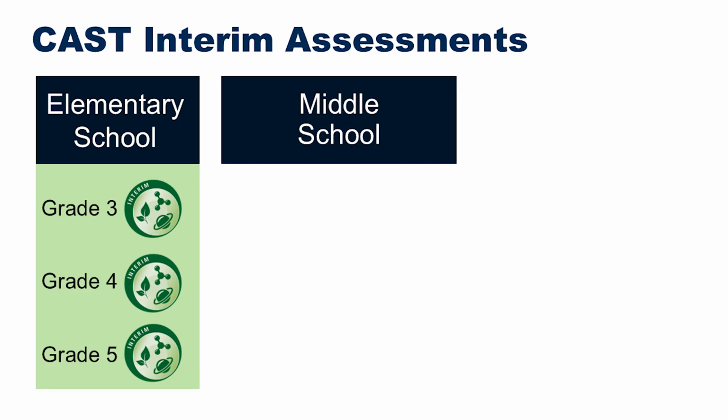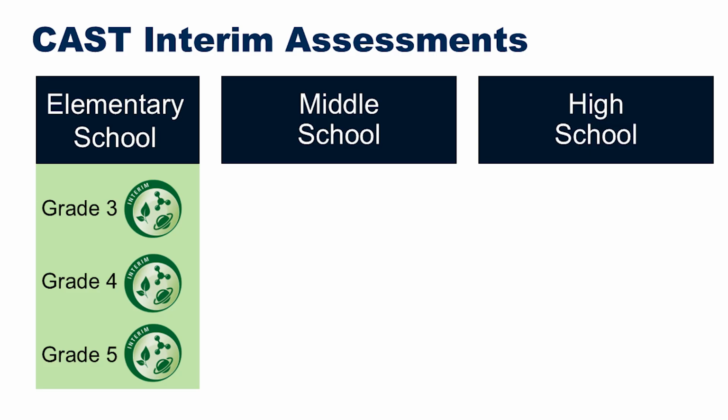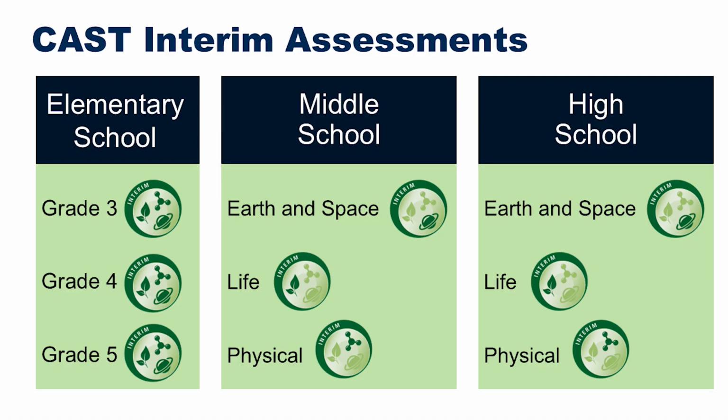In middle school and in high school, the CAST interim assessments are organized by science domain, so there are 3 middle school and 3 high school CAST interim assessments, and each assesses 1 science domain: Earth and Space Sciences, Life Sciences, and Physical Sciences. There are 2 versions available for each interim assessment, called Form 1 and Form 2. Each CAASPP interim assessment includes 1 performance task with a constructed response that requires hand scoring.